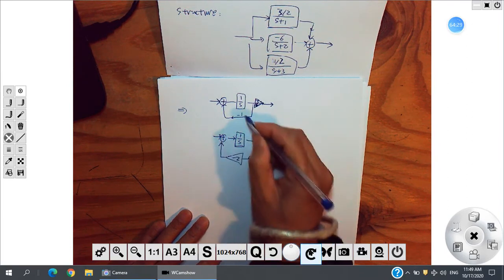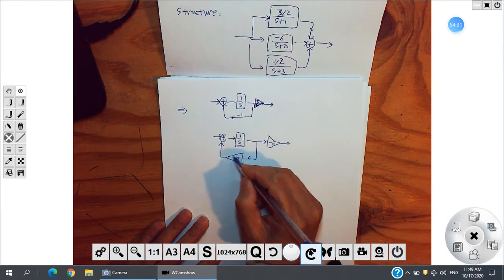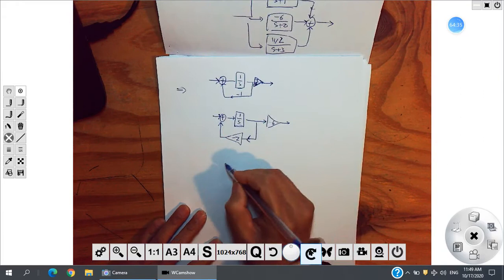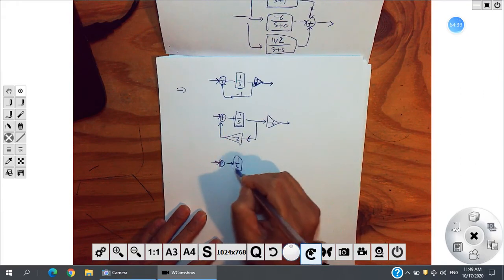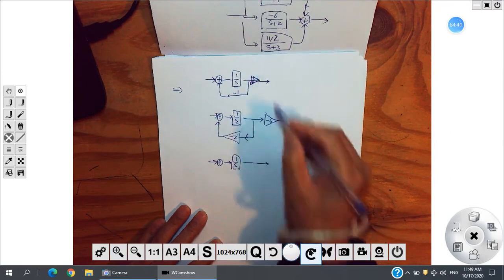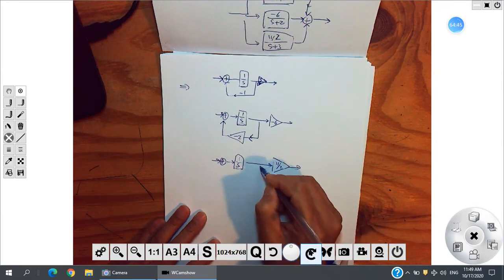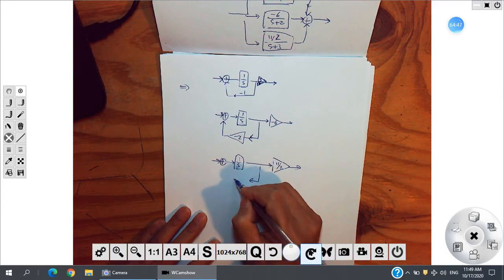Yeah, I put -1. You can also write it this way, put a triangle. And the last one is similar. Summation, here is 1 over S, and the forward gain here is 11 over 2, and here is a feedback with -3.